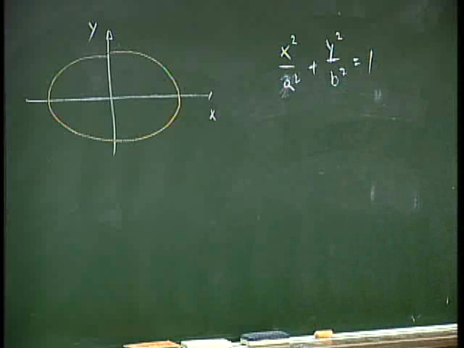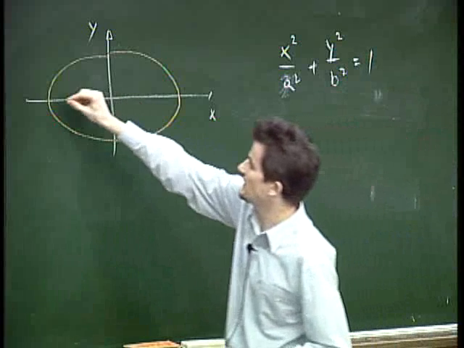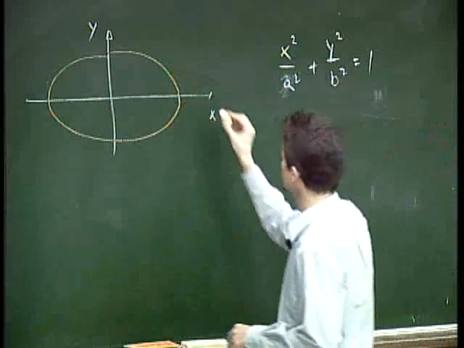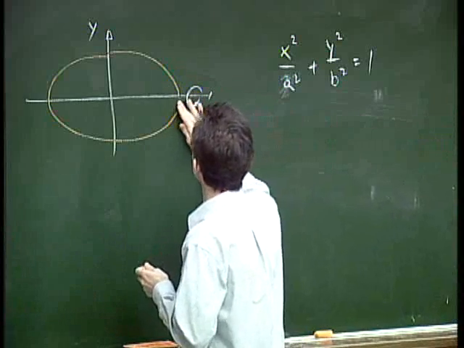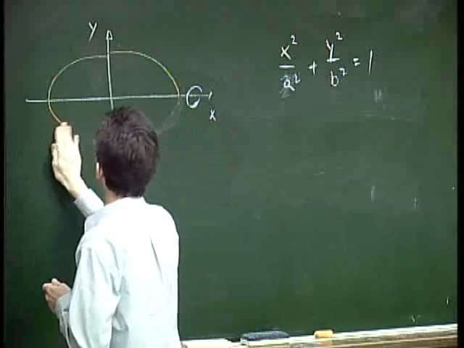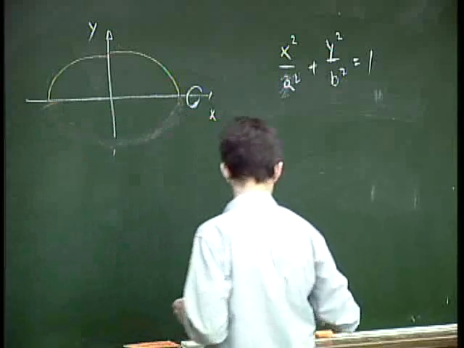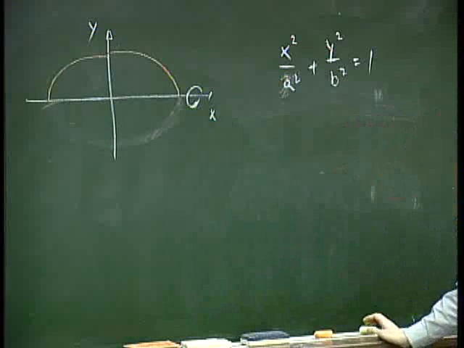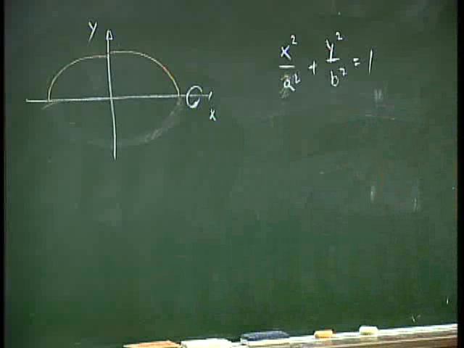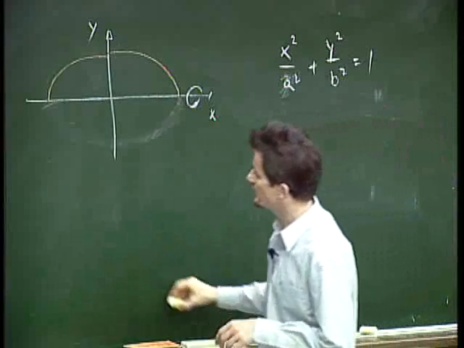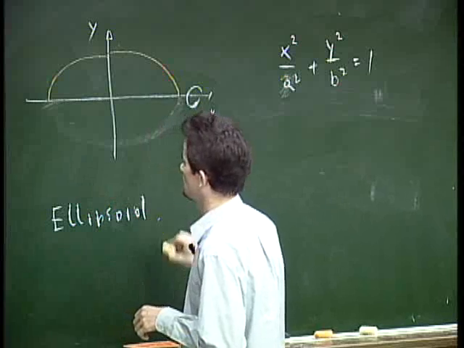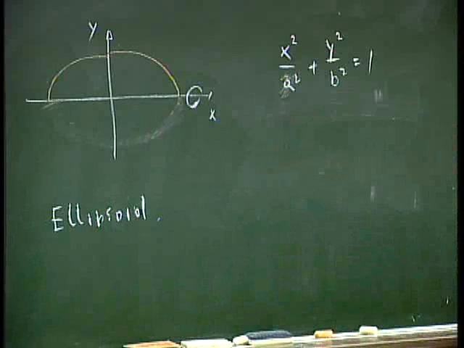Now, what we are doing is we take the upper part of the ellipse, only the upper part, and rotate it about the x-axis. So maybe I should delete the lower part. Now, what you get if you do this is a kind of egg, and this kind of egg is called an ellipsoid. So we are interested, what is the surface area of the ellipsoid?